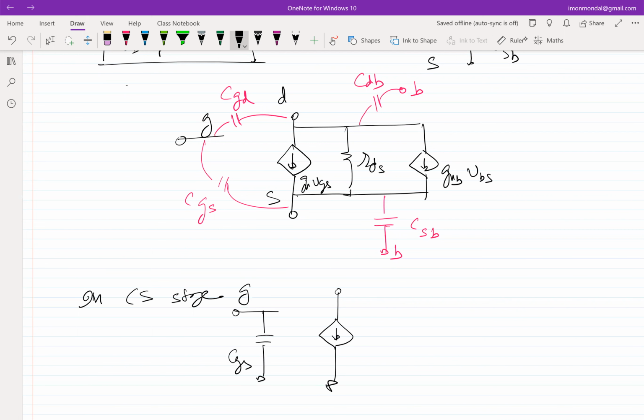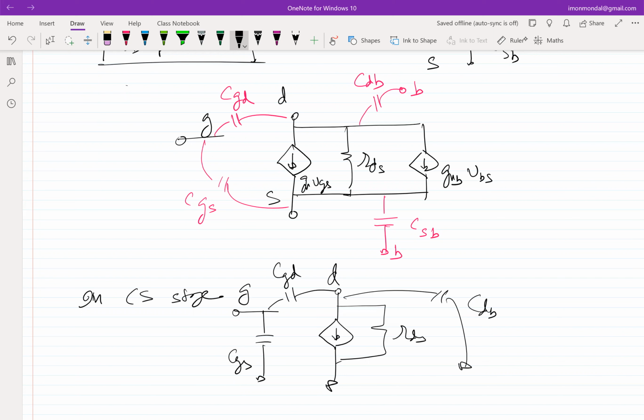This becomes CGS. GMB goes off because VBS is 0. CSB also goes off because source and bulk are grounded. CDB will be there. And there will be CGD.